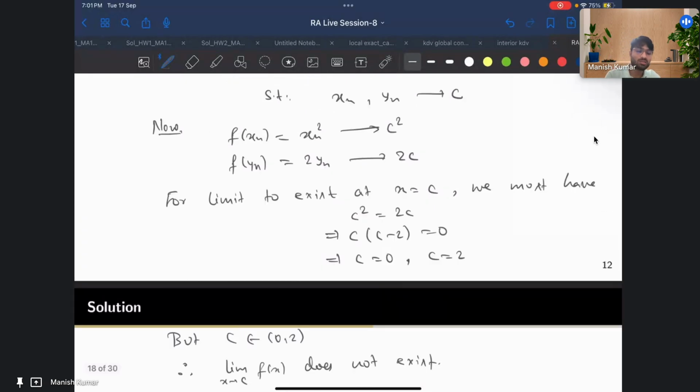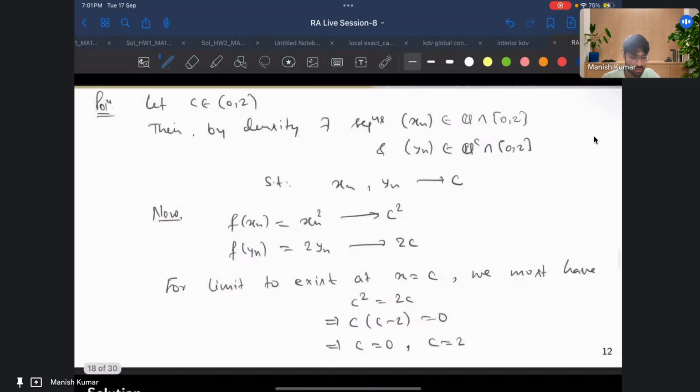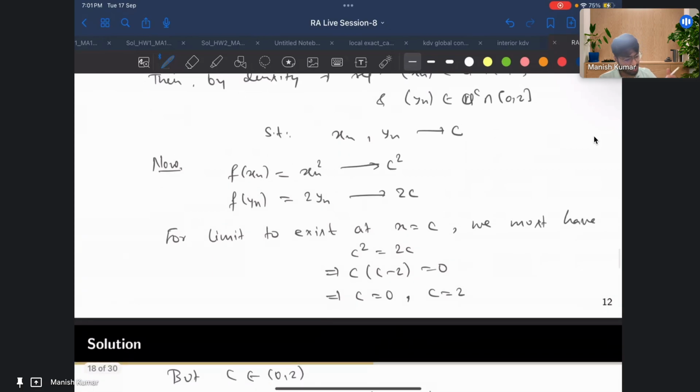So this is what I wanted to mention. Suppose you want to prove that f is discontinuous at some point c. If you can bring two sequences converging to c but whose functional values converge to two different points, then you are done. But to prove that f is continuous, you cannot just use two sequences. For example, here you cannot say it is continuous at c equal to 0 and c equal to 2 just using this argument. That is not true.